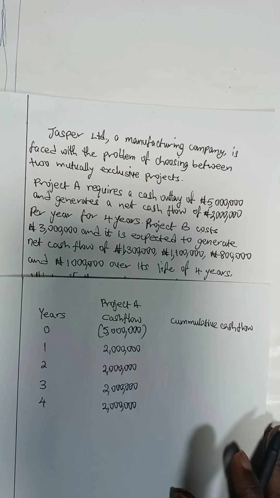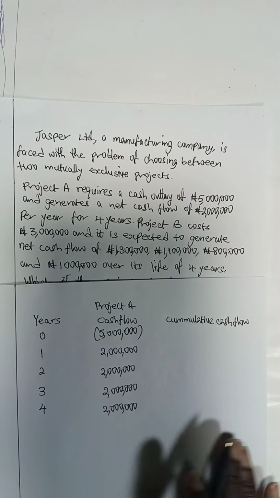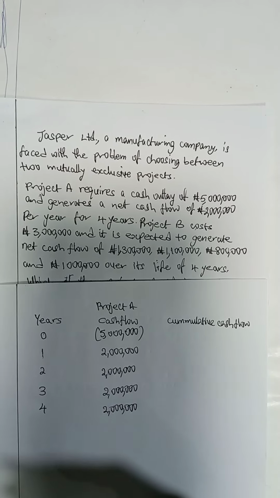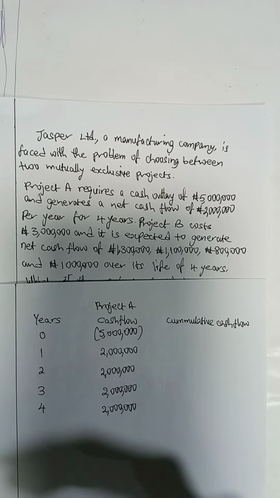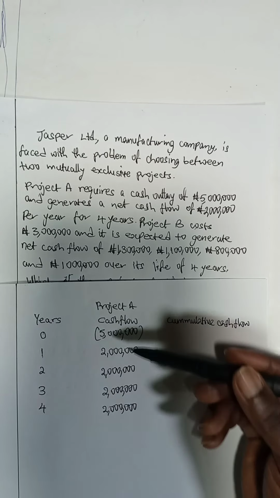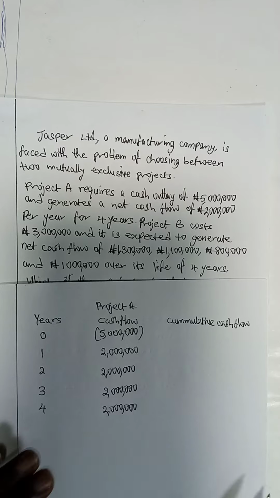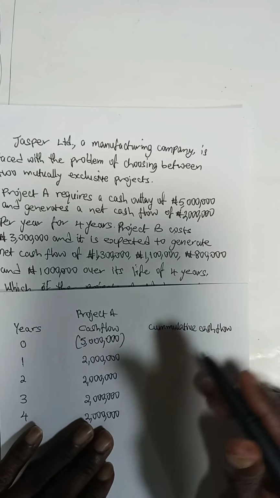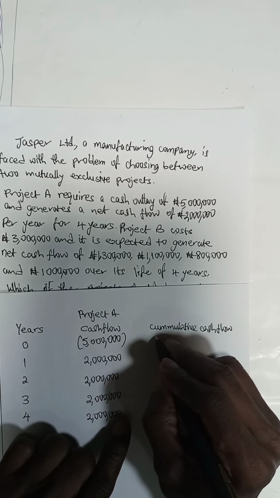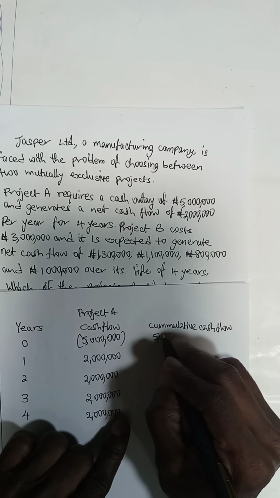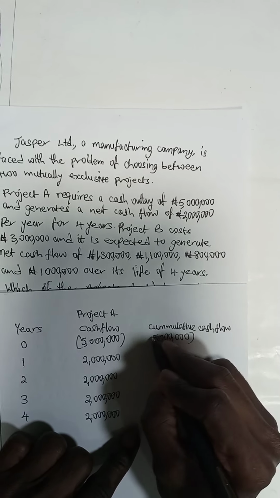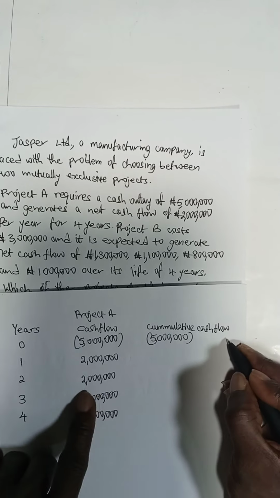So we want to look at how the initial cash outlay will be recovered from the net cash flow, that is the income generated by this 5 million, the initial cash outlay. We first start by writing the initial cash flow under cumulative cash flow.